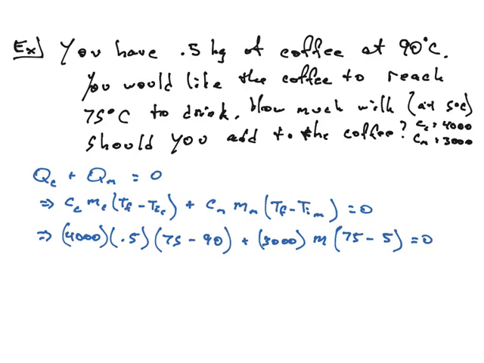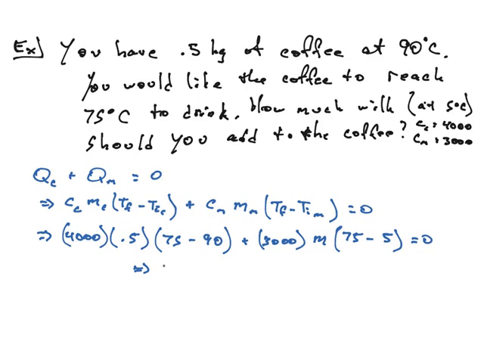And now we can see our equation. We have a whole bunch of numbers and only one unknown sitting there, the little m. And so we can solve. So what do we get? 4,000 times 0.5 times 75 minus 90, which is negative 15.